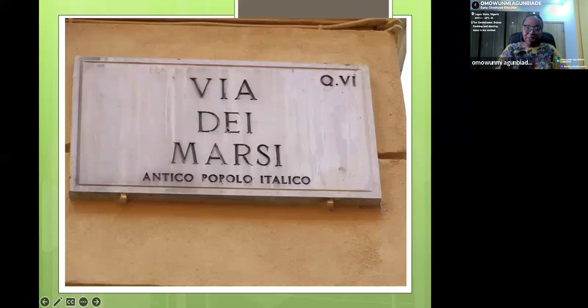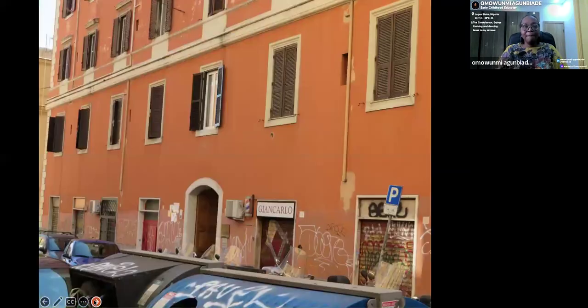So this is the building, and this is where the classroom was. So this is the building here, the casa.